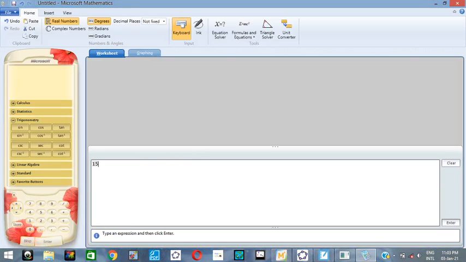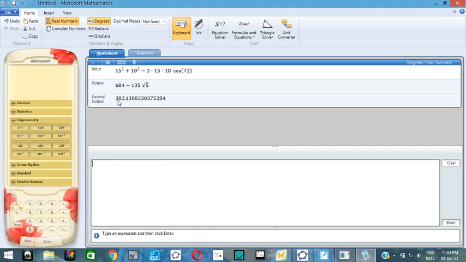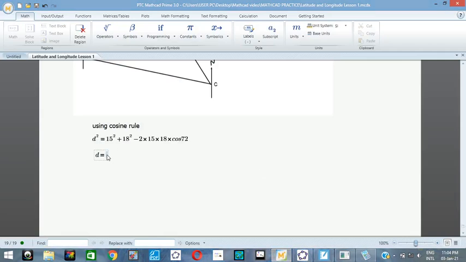Okay, I have 15 square plus 18 square minus 2 times 15 times 18 times cos 72. So that is the answer, 382.13. So I need to find the square root of that, and that is going to give us D is equal to what?